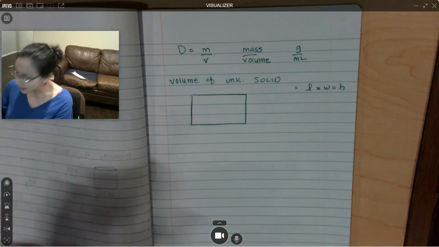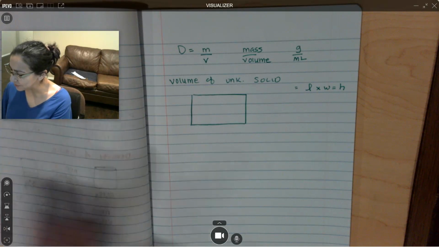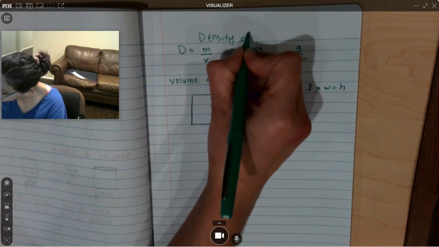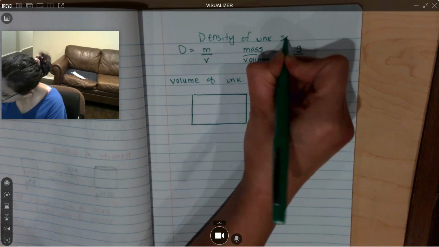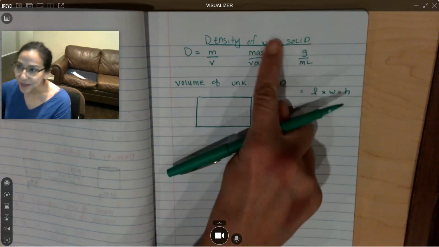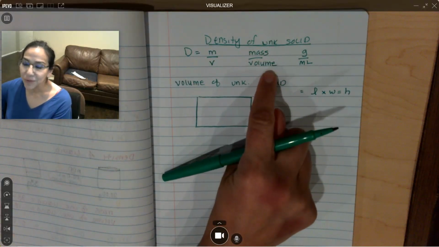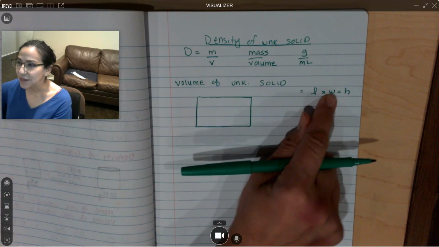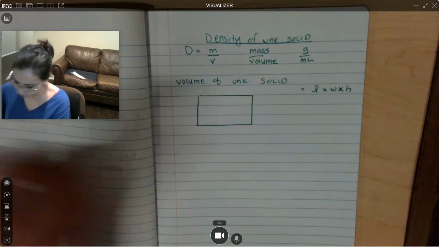But in order to find the density of a solid, you need to know, so let me write up here, density of unknown solid. That's the priority. In order to find the density, we need the mass and we need the volume of our solid. The volume is equal to length times width times height.